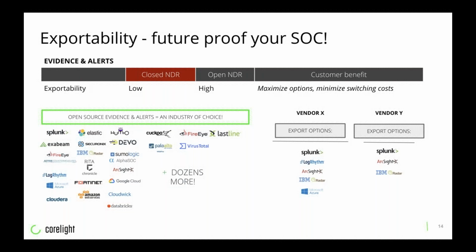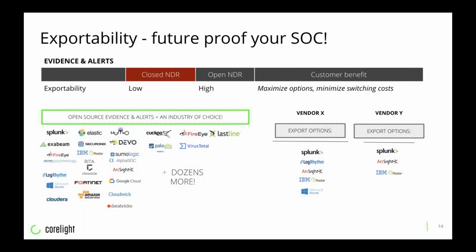Because again, these open source tools have been widely dispersed across many organizations for decades now, and so, of course, these SIEMs, these analytical technologies, these file analysis platforms, these data lake technologies want to support that data because it's widely used and it's worth their engineering effort to ensure that it's supported. And so you just have so much choice as a SOC and as an analyst when you go with a fundamentally open source platform on the NDR side.